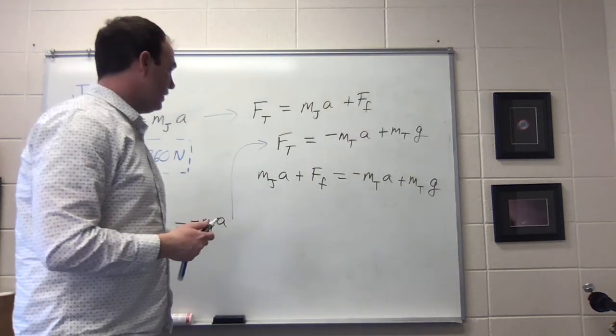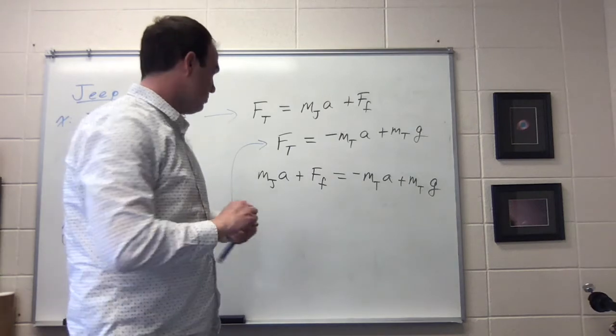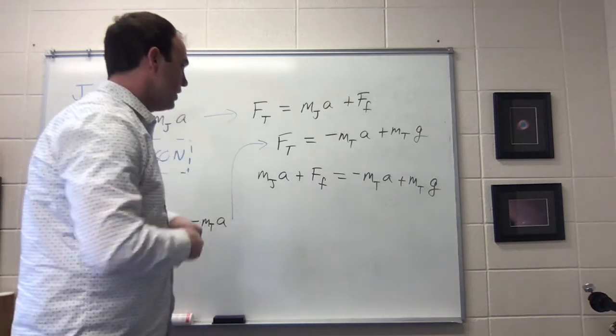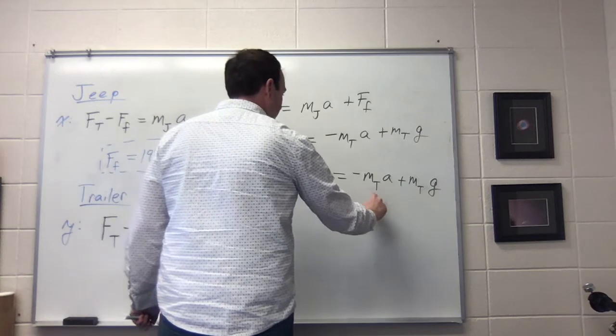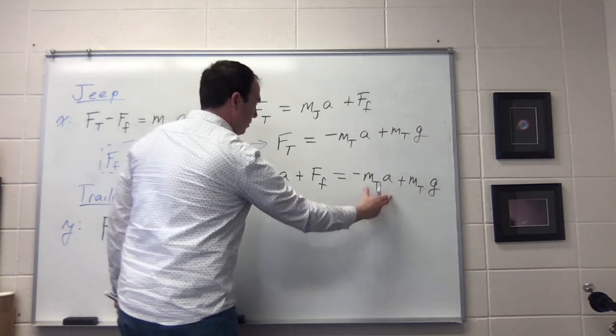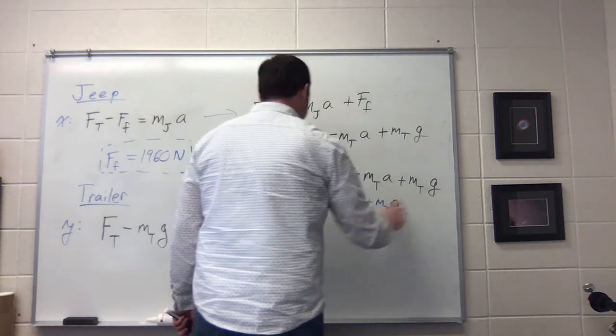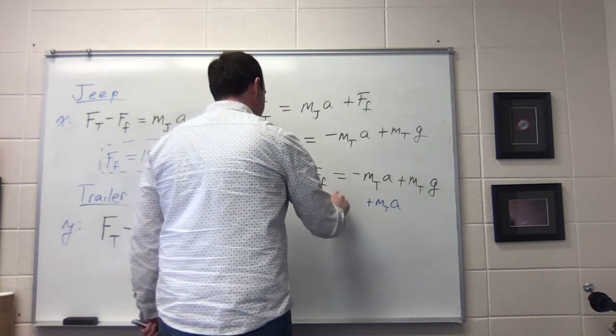Okay, now I need to get all the terms that involve acceleration on one side and all the terms that don't involve acceleration on the other side. So I can add m sub t times a to both sides, so I'll do that, plus m sub t a.